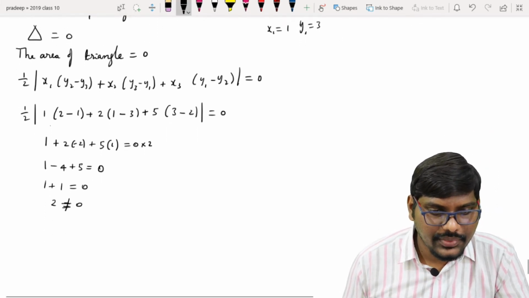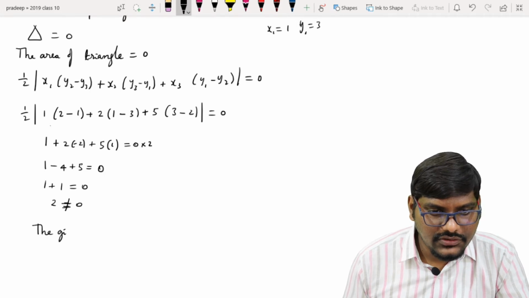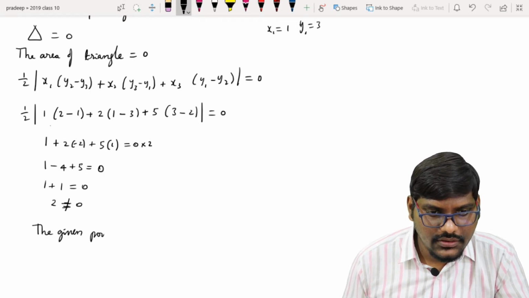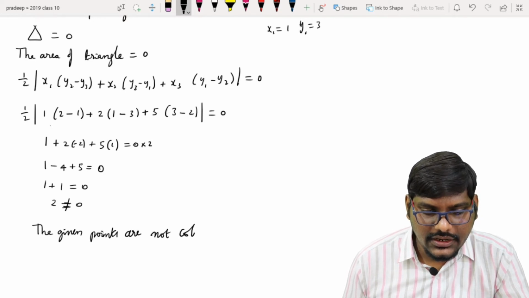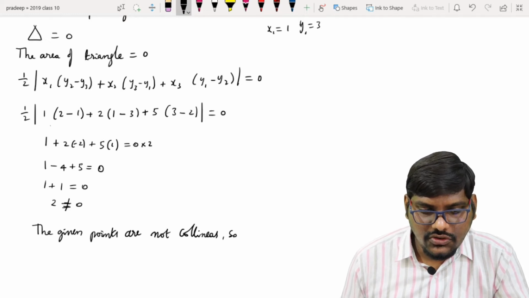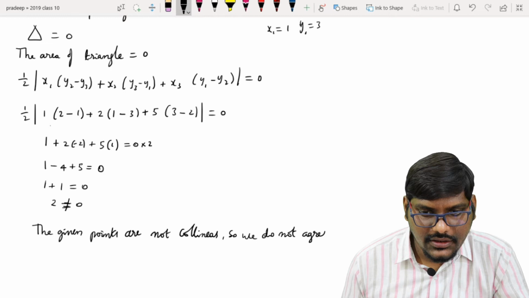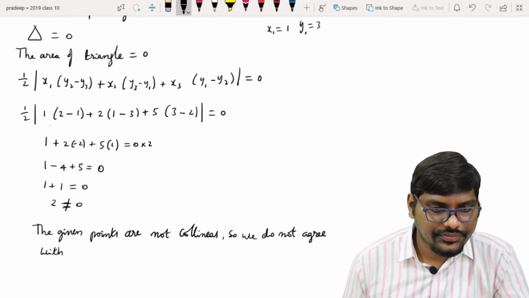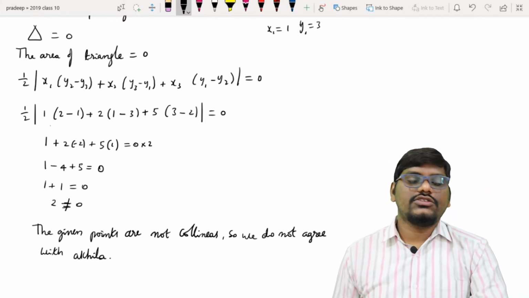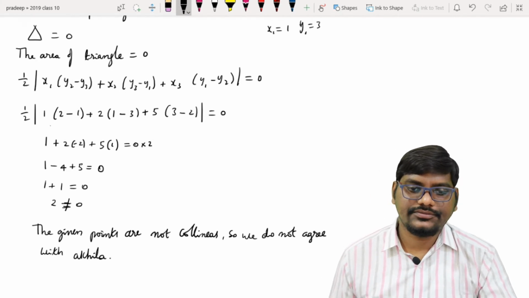We can say the given points are not collinear, so we do not agree with Akila. Right, so this is all about this question.